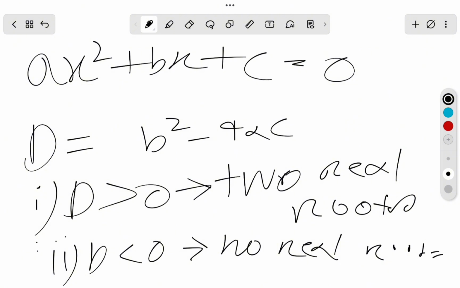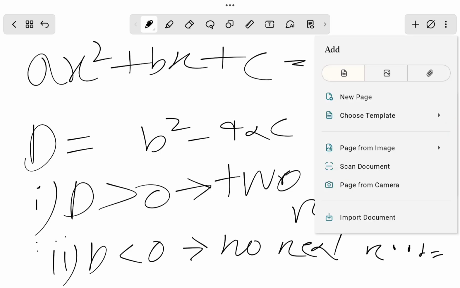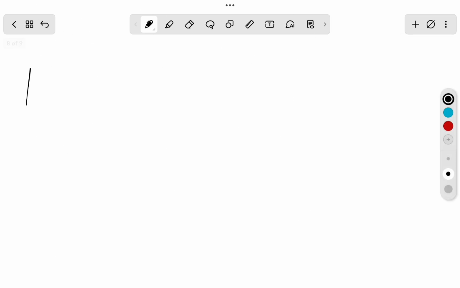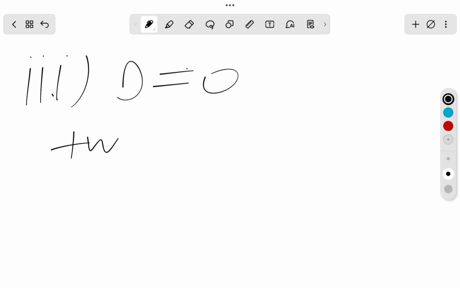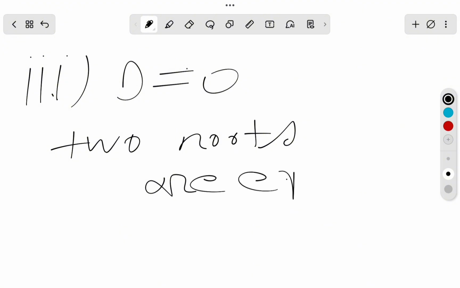And if D is equal to 0, then the 2 roots are equal. So this is all about the discriminant of this equation.